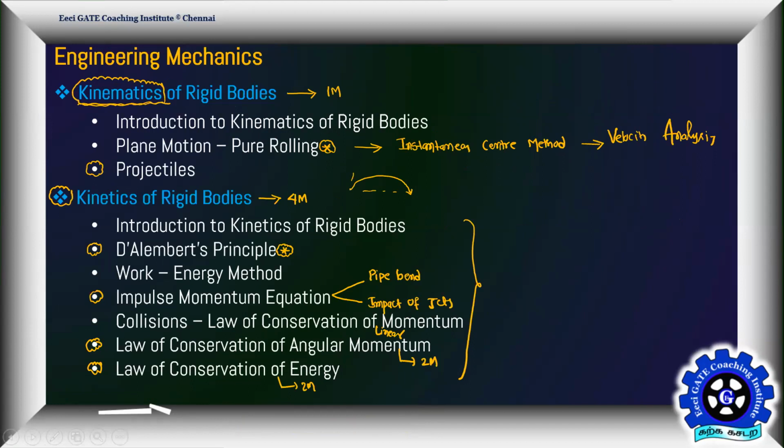Slowly we'll get habituated to drawing free body diagrams and applying D'Alembert's principle, the work energy method, and the impulse momentum equation. Okay? So if you attend all the lectures, you will improve your fundamentals. Then you will feel comfortable in the fluid mechanics course, theory of machines, and strength of materials. That is the main idea for taking the engineering mechanics course at the beginning.